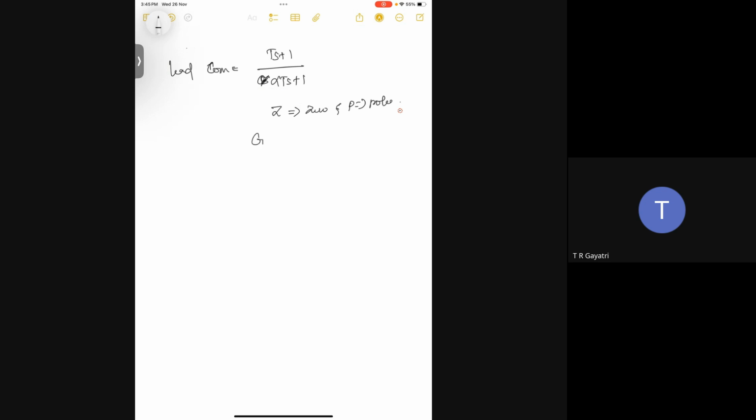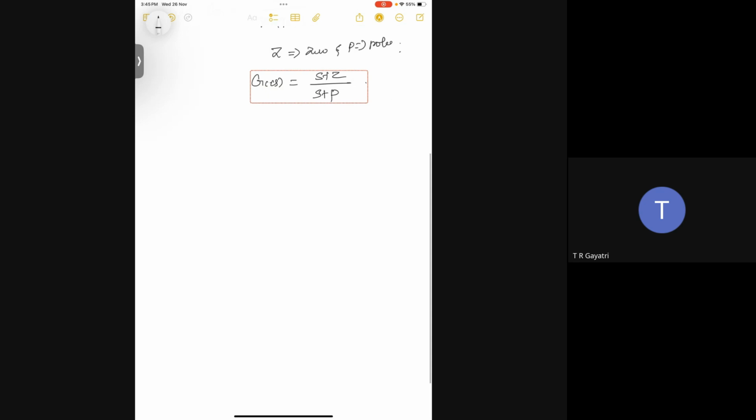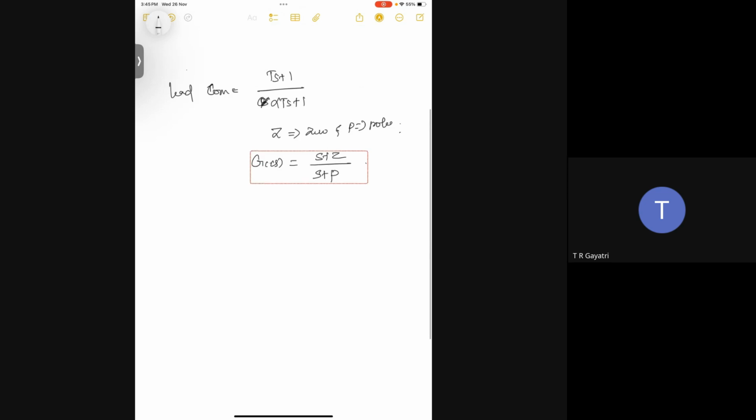They have given four options. So considering our compensator is in the form of (S + Z) by (S + P), how can we do this?